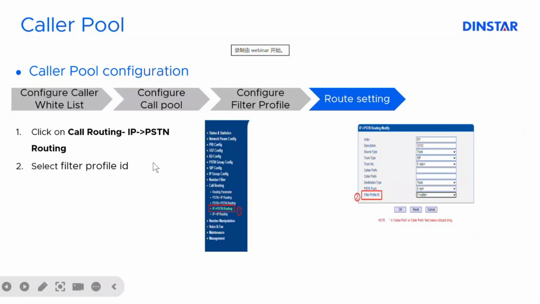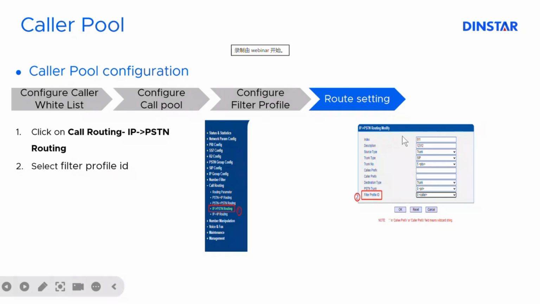After that, we also need to use them in the routing. So we need to apply it in the route. We just go into the routing and apply it in the routing.